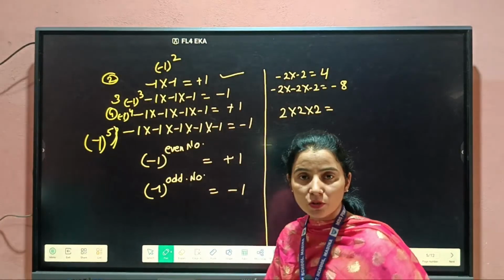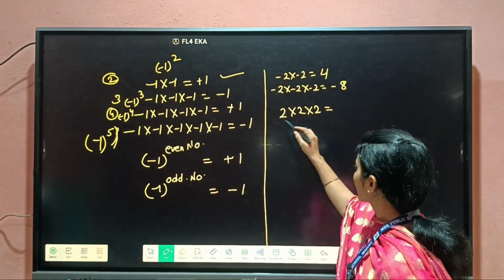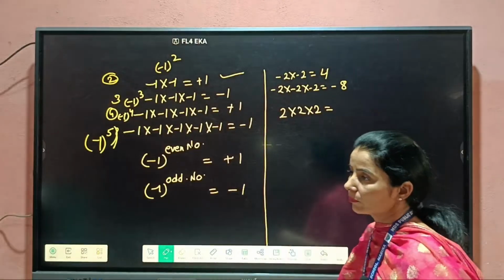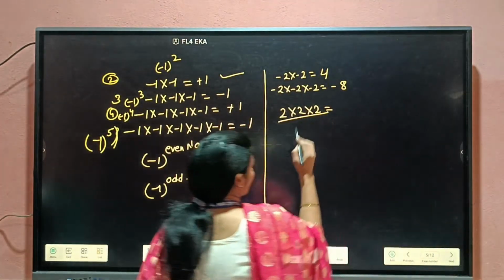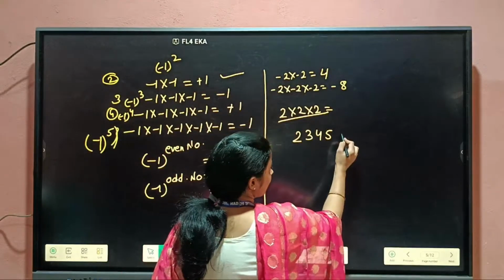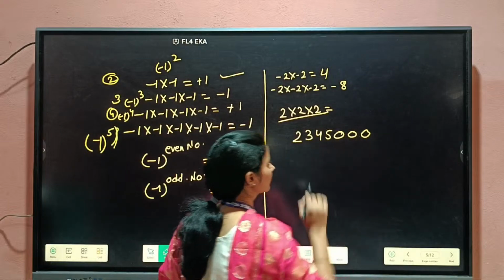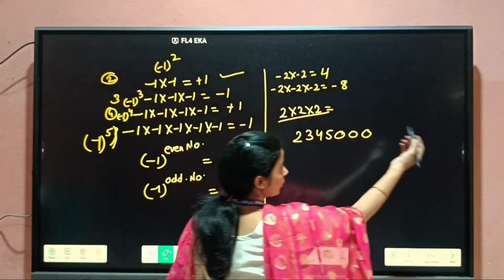This is usual form, you can say. And if I have to express this one in exponent form, we already studied. Let us consider another example, like 2, 3, 4, 5, 0, 0, 0. This is usual form, and this I want to convert into standard form.